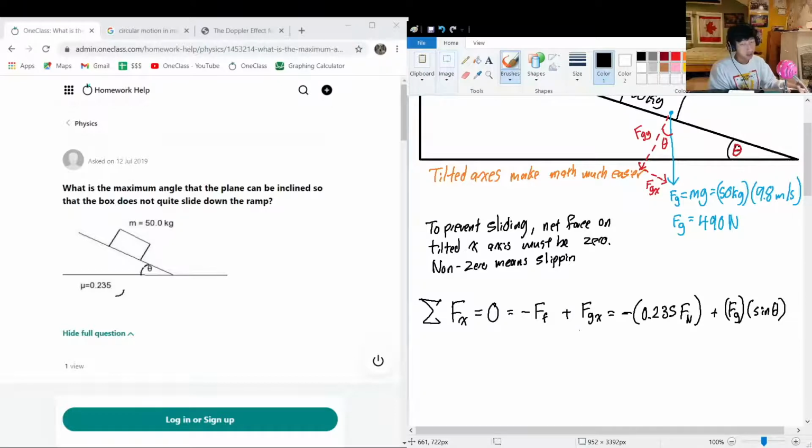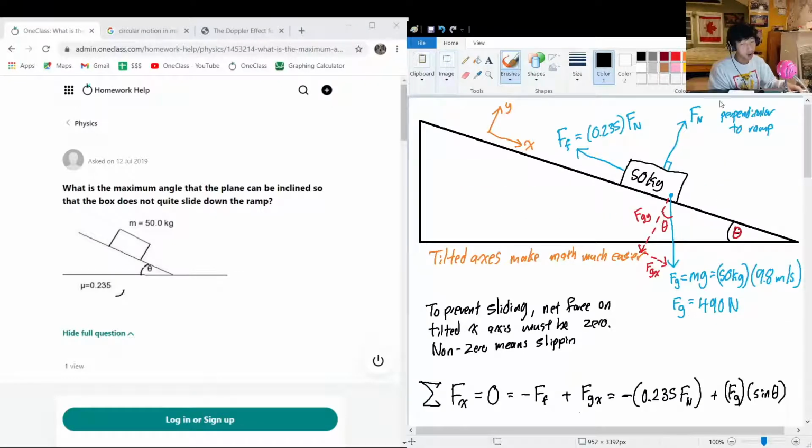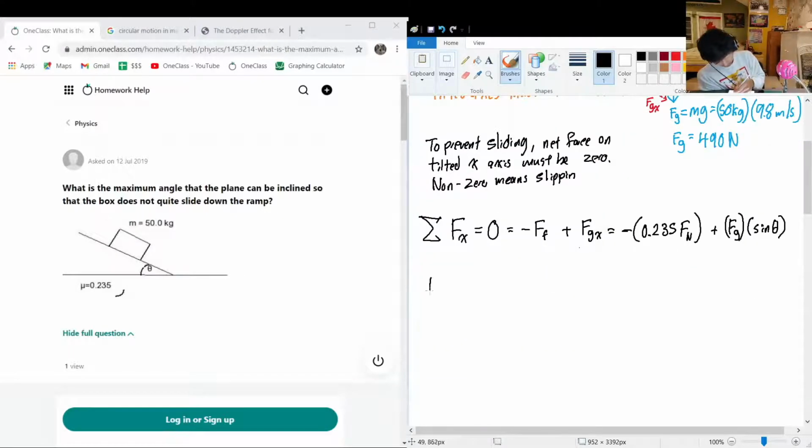We're going to need to do the sum of all forces in the y direction to solve for Fn, the normal force. Need all forces in y direction to get Fn.